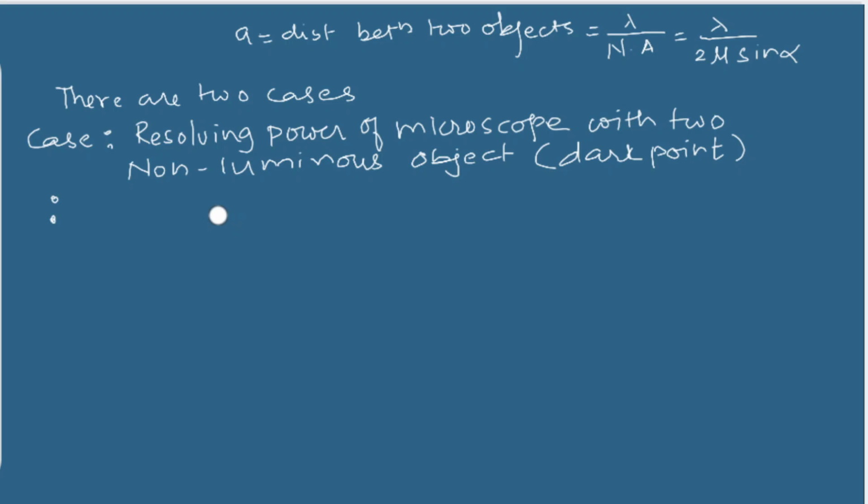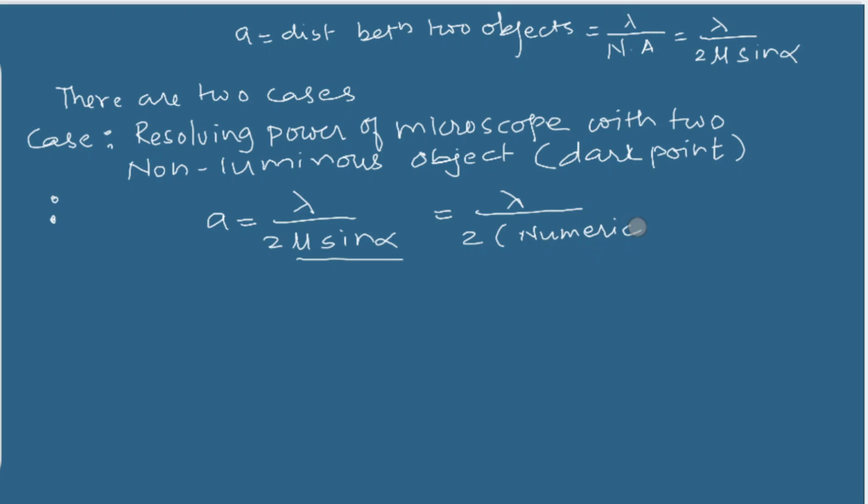Here, first of all, we will see A is the distance between the two points, and that is given by lambda upon 2 mu sine alpha. So it is equal to lambda upon 2 into the numerical aperture.